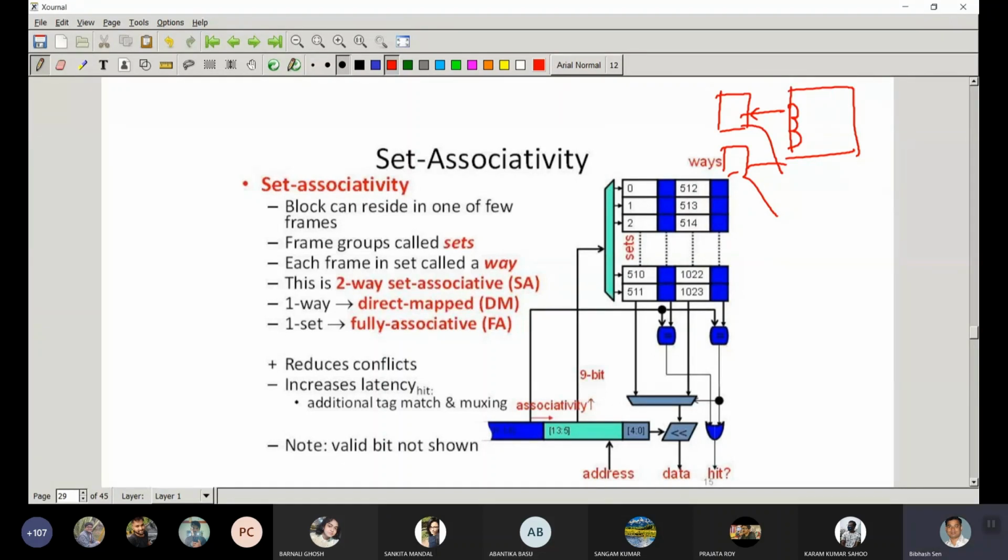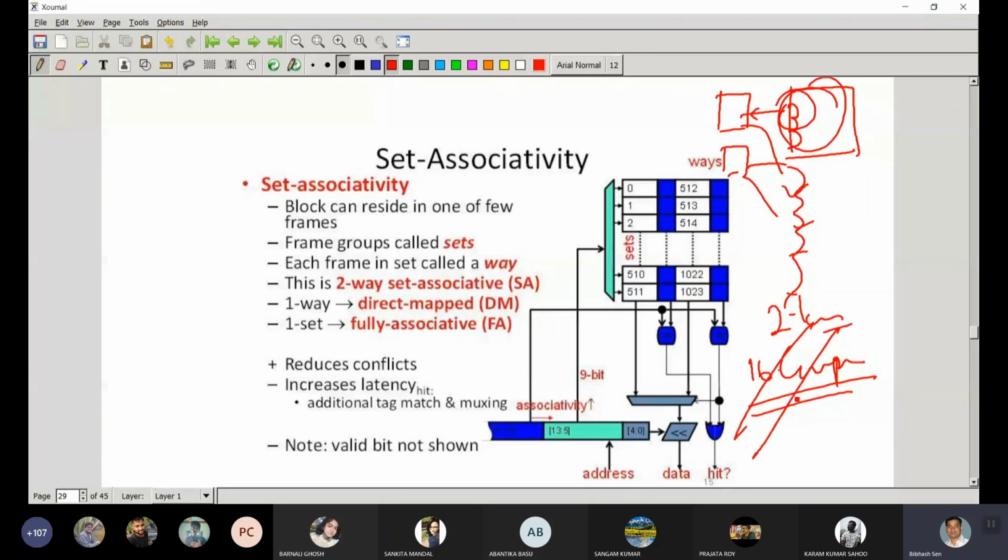It means the number of comparators used at a time is very small. Even though for each block there will be a comparator, say for 16 blocks, 16 comparators for 16 tags, if I use 2 blocks per set, only 2 comparators will be active at a time. So there is a huge reduction in cost. Is this point clear?